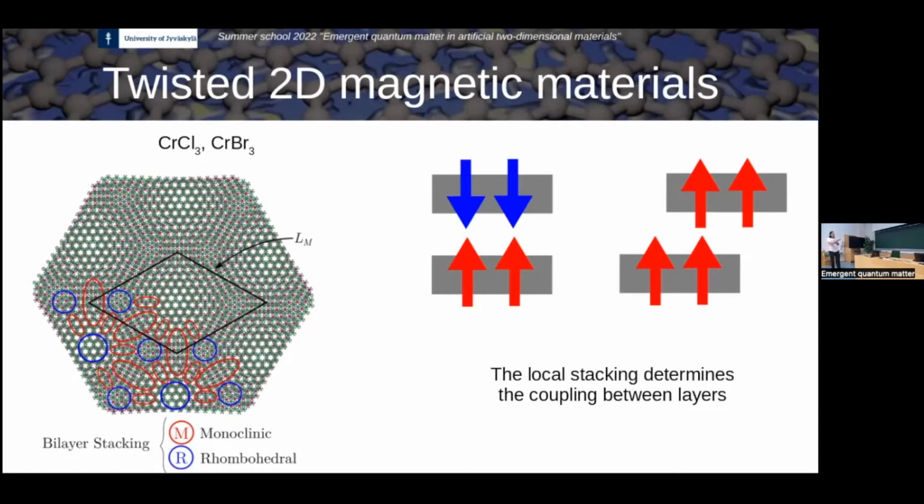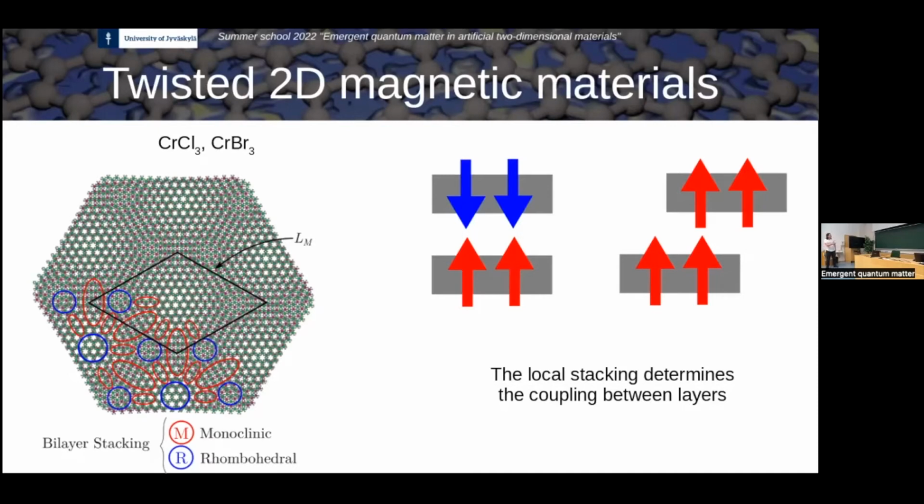But when you have two layers, the magnetic alignment between the two layers can be either ferromagnetic or antiferromagnetic, right? There's nothing that tells you that it has to be one or the other. Of course, the coupling is going to depend on small details of the electronic structure, in particular on the effective exchange coupling between one layer and the other layer, but in principle it can be either ferromagnetic or antiferromagnetic.